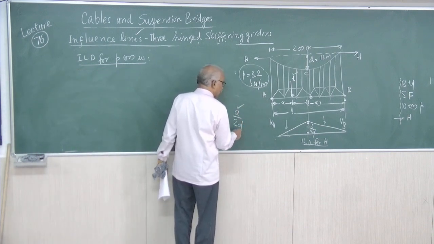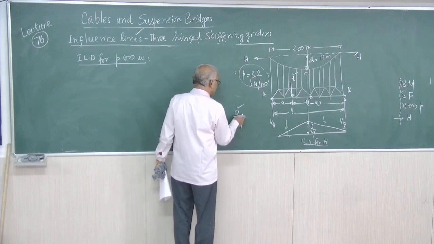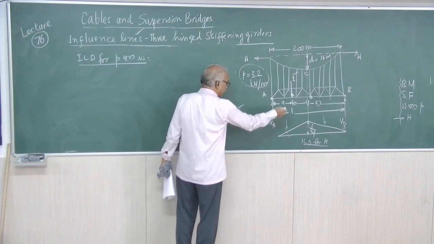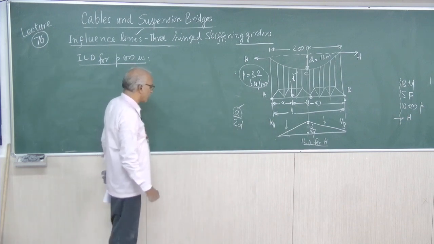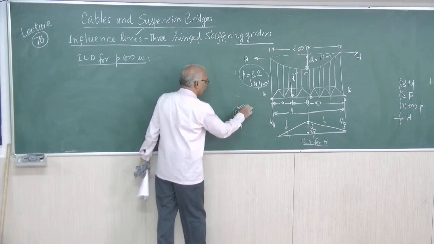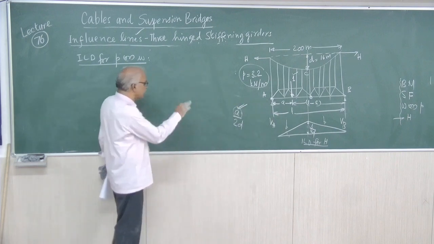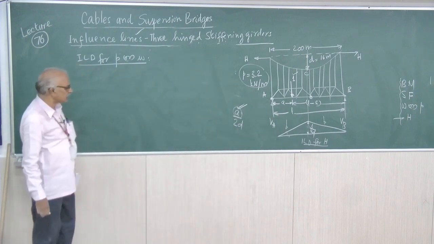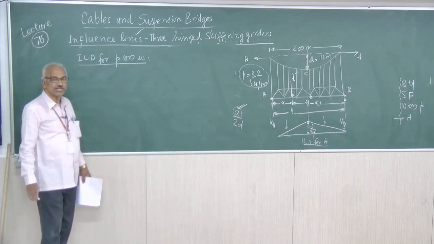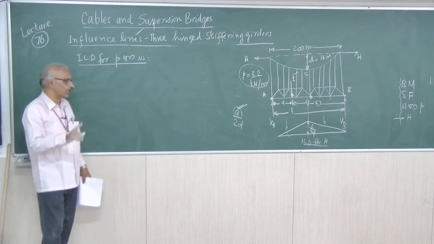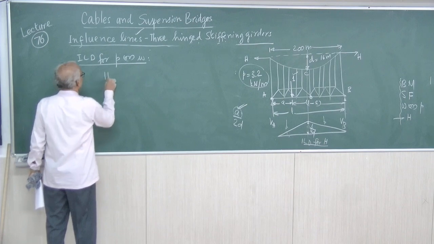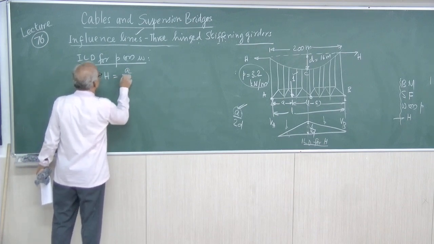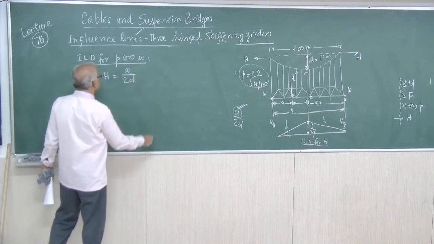In this equation, you substituted A equal to L by 2 and you got L by 4D. That is for the horizontal tension. So after substituting A equal to L by 2, we have got that value. So this is the general equation. This is due to the different positions of the moving unit load. So H equal to A by 2D.